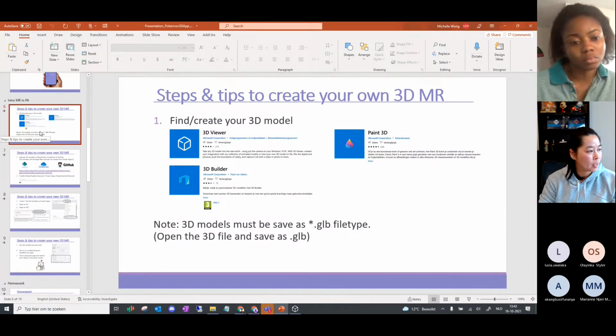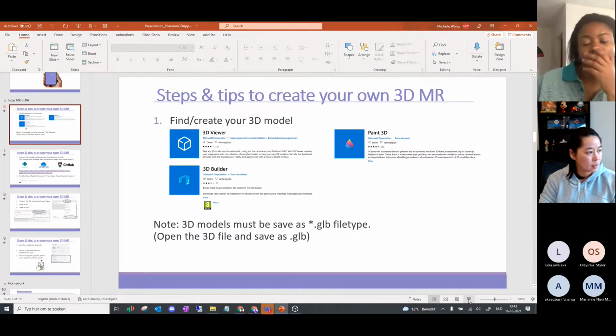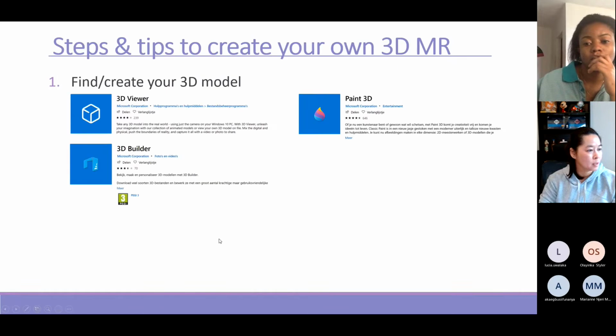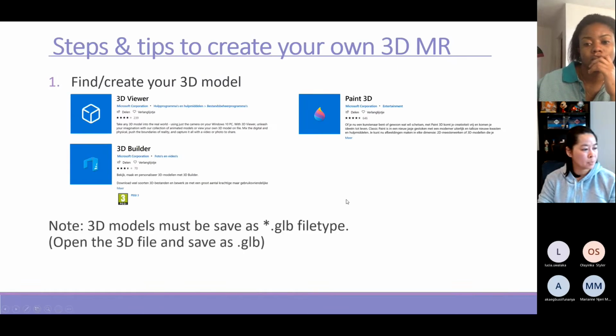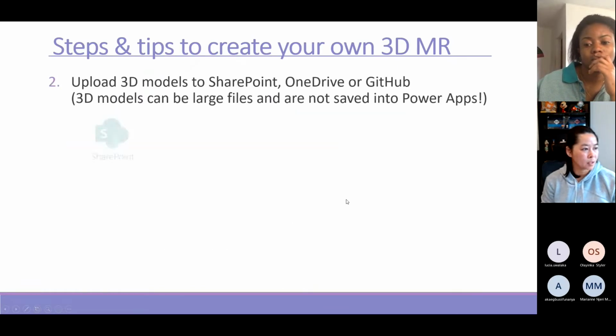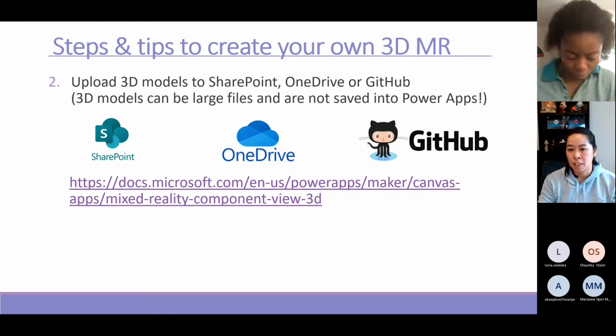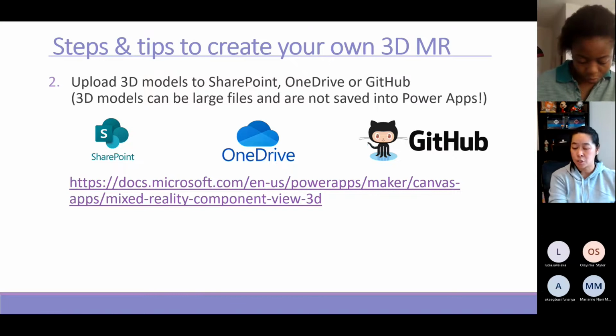And then swap. So this is the first step. And then the second step is upload this 3D model into a free source, a location that my Power Apps can connect to. Here in this presentation, you can see I can save it in SharePoint.